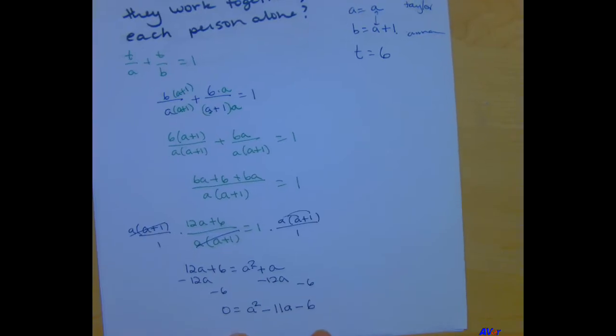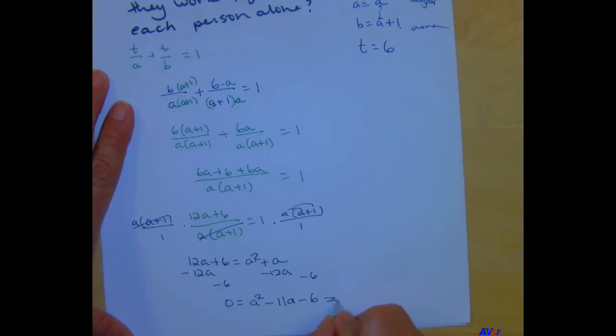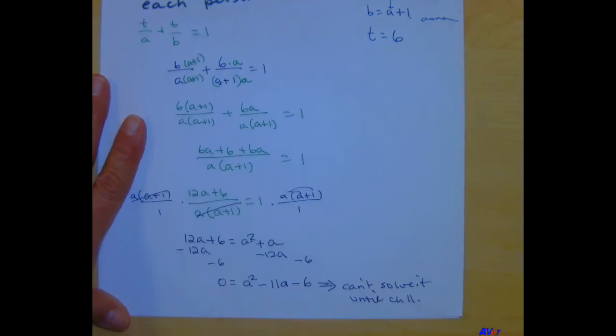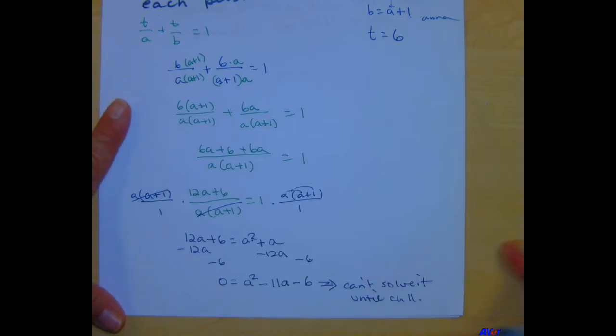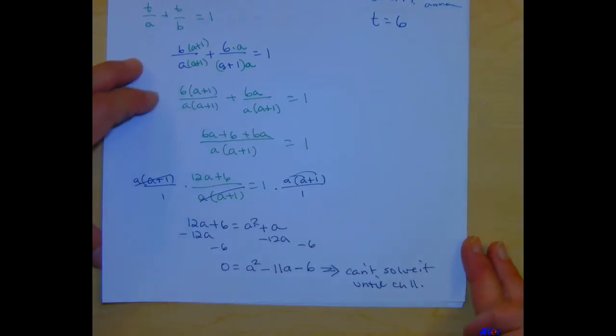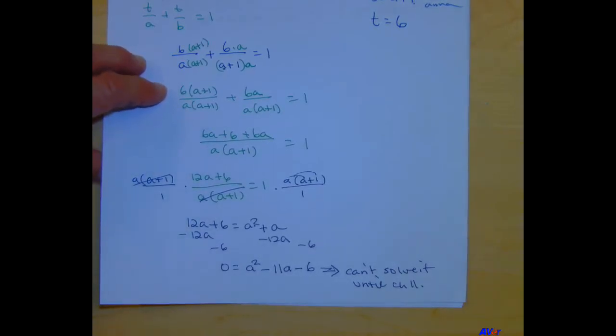I'm so sorry, but we can't solve this because it doesn't factor, so we can't solve it until we learn chapter 11, unfortunately. So we'll meet back up here in chapter 11. Fingers crossed, none of the questions in your homework turn out like that. Hopefully they all factor once you get there.